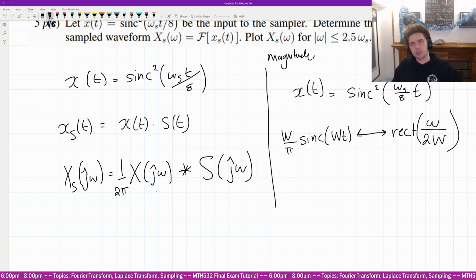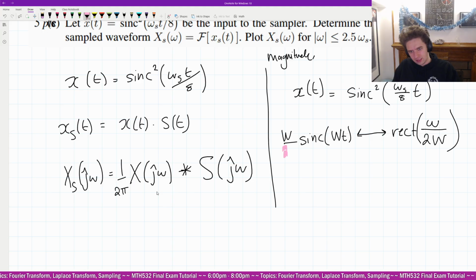Okay, so it's kind of a lot happening here. Got to have a lot of numbers. Basically, you've got to figure out what W is for us. Wait, don't we need the triangle transform? Sinc squared turns into a triangle. Oh yeah, so did I read the wrong one? Yeah, I read the wrong one.